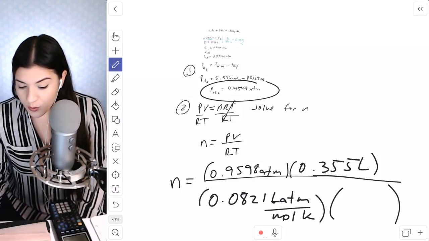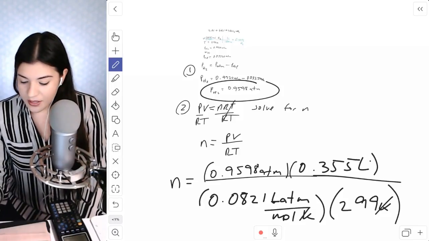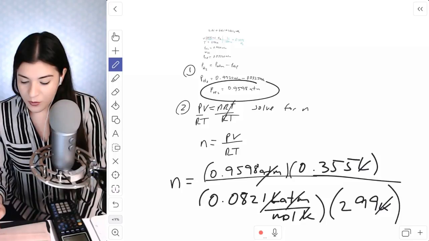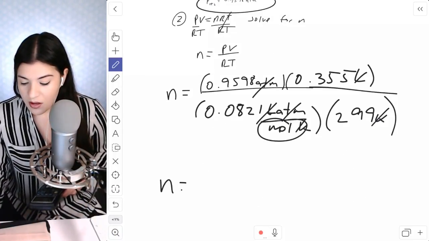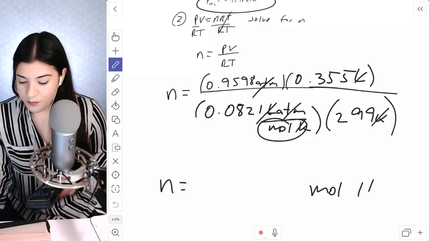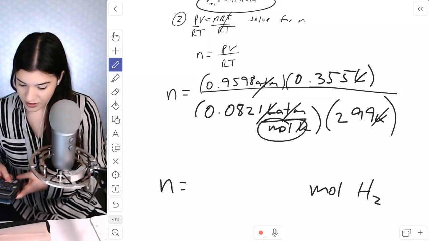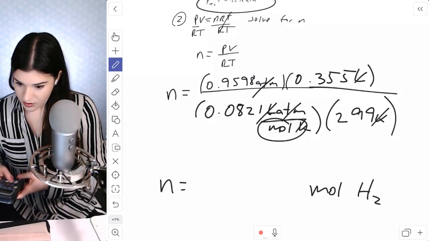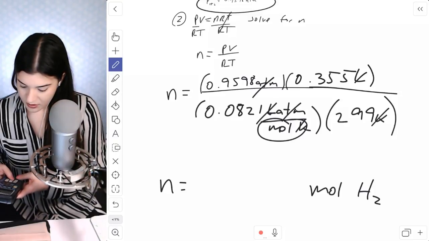Now our temperature is 299 Kelvin. Your Kelvin cancel, liters cancel, and atmospheres cancel, and we're going to be left with moles, specifically the moles of H2. So let's figure out what this gives us. I'm just going to multiply the top first, and then divide by the bottom multiplied. Let's see what that is.